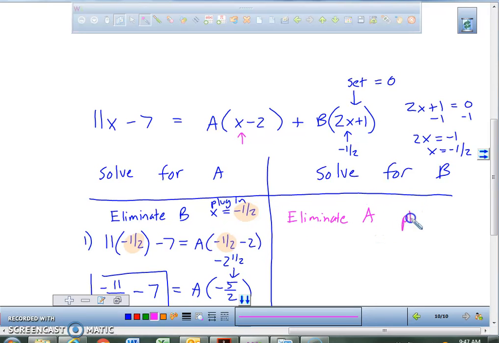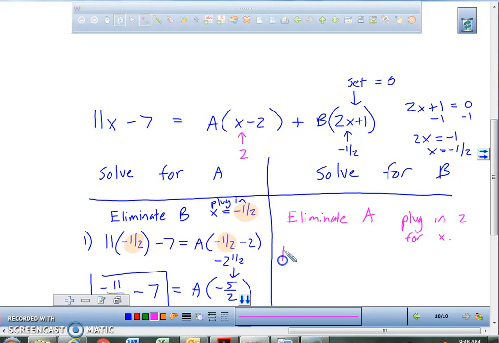I need to plug in a 2 for all of your x's. So if I plug in a 2 right there, what's going to happen to all of my a's? They're going to be canceled out because 2 minus 2 is 0, and any number times 0 is 0. Okay? We're going to plug in a 2.